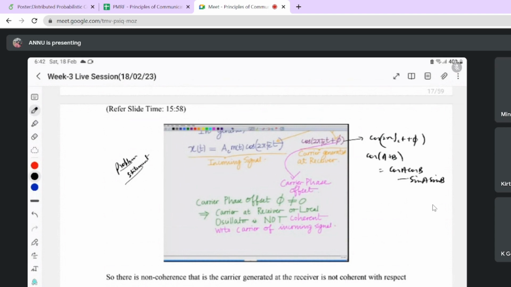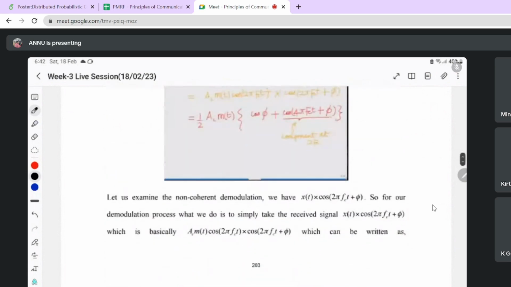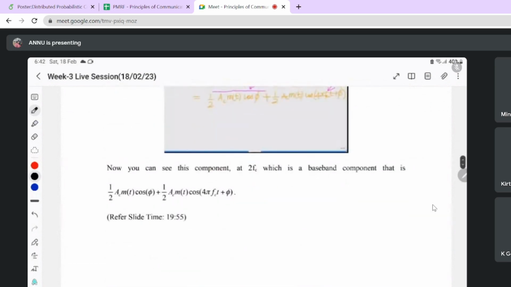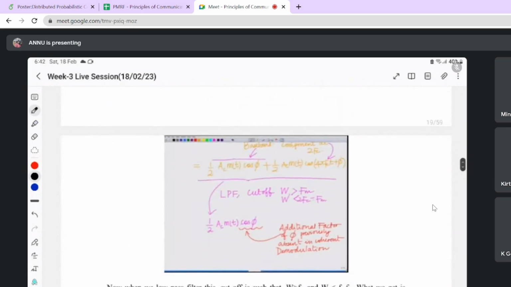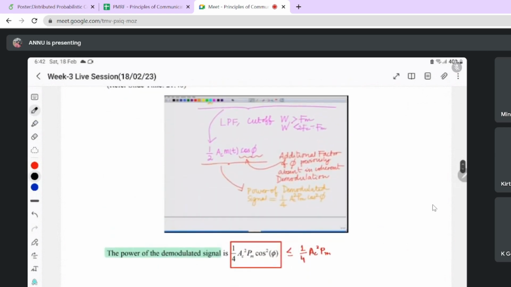So you multiply using this particular formula, and how will you be able to get the cos phi value so that you can synchronize with respect to the previous one? You will be able to get the cos phi value using this. So this is an additional factor of phi, previously absent in coherent demodulation. So what should be the value of cos phi?